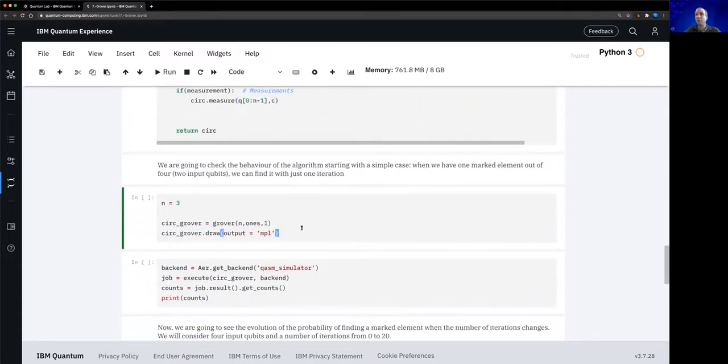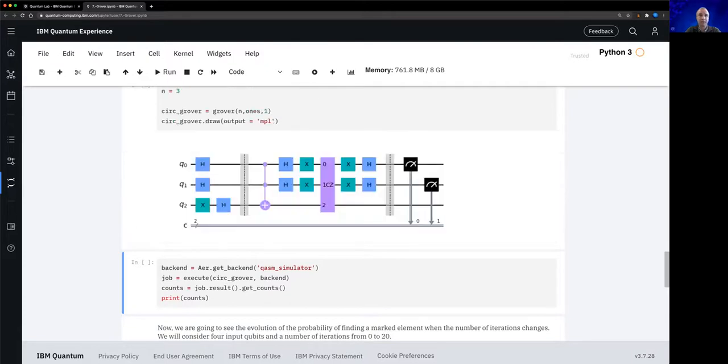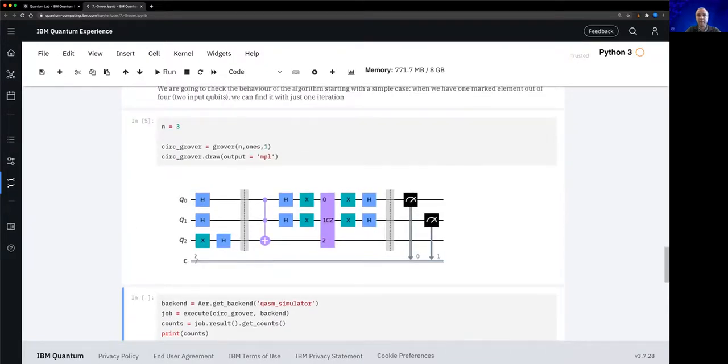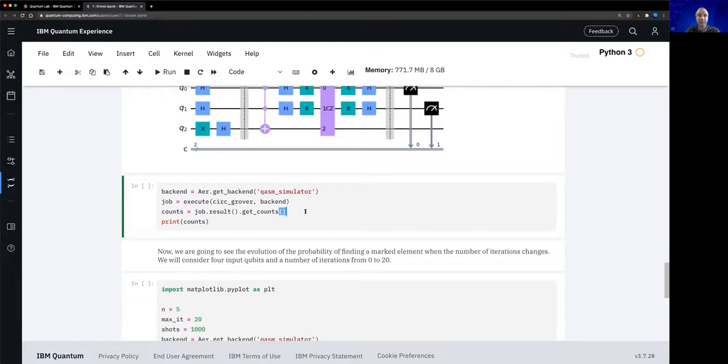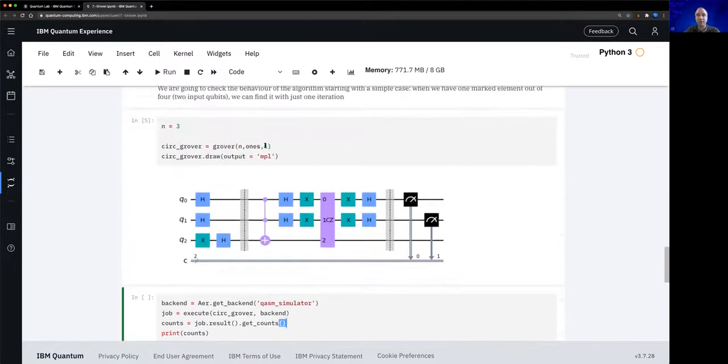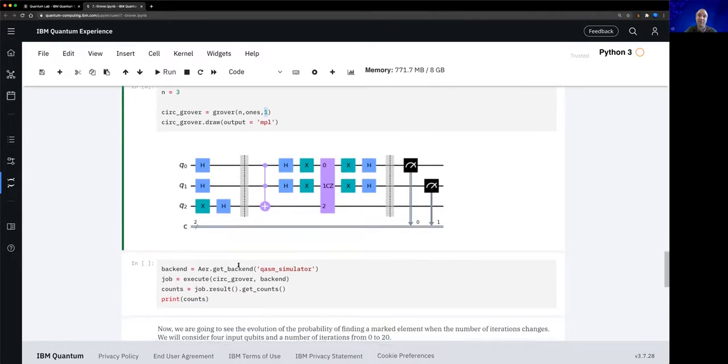What I'm going to do here is first draw the circuit, which is similar to the one that we had on the slides. You can check that. Then I'm going to run this for just one iteration of the oracle and the diffusion operator. Since I'm working with a function that has 2 inputs and only one element is marked, we are exactly in the case in which 1 of the 4 elements is marked.